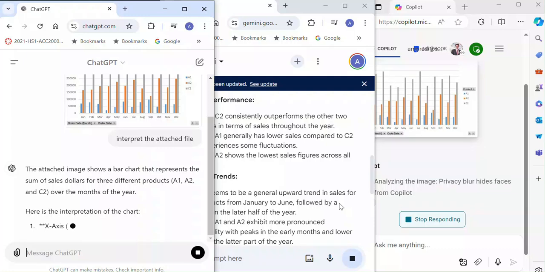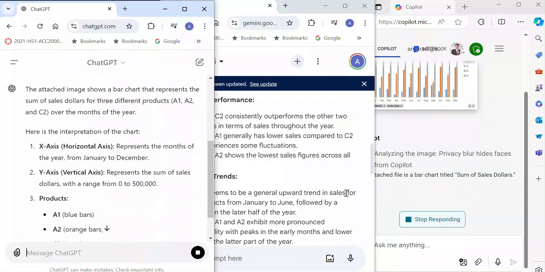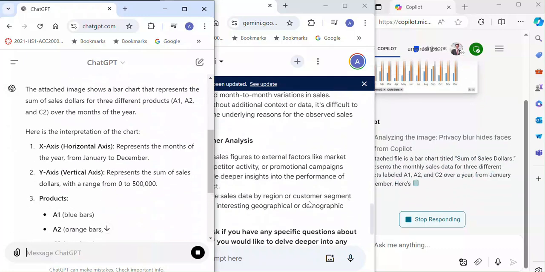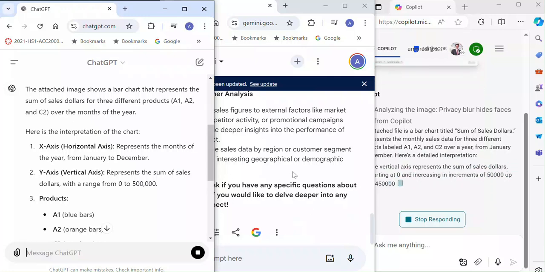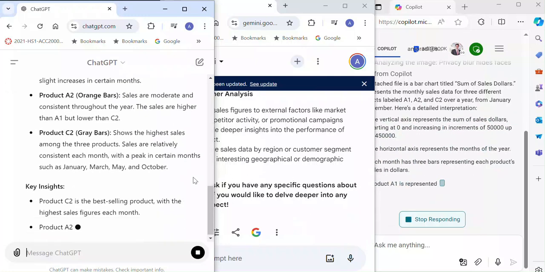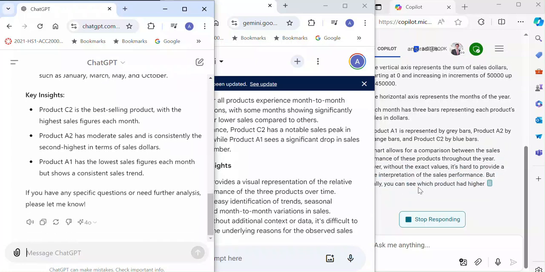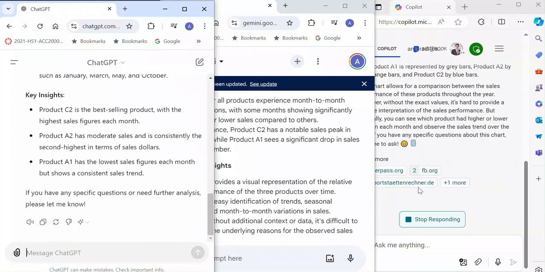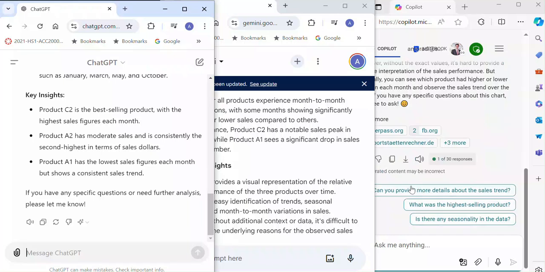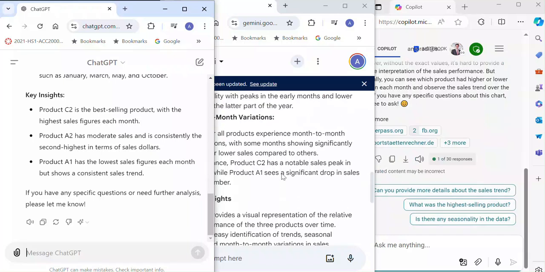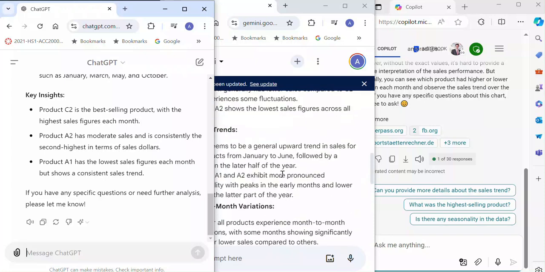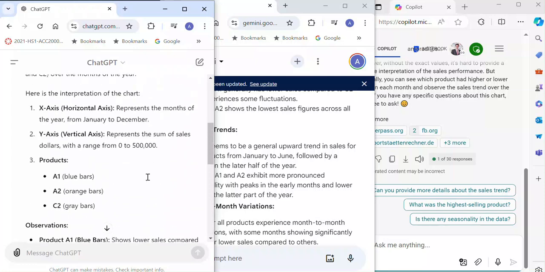As you can see, Gemini seems almost finished, but Copilot and ChatGPT are still working. Now it's possible to go through the details and see how they have interpreted the chart and whether it has been accurate or not.